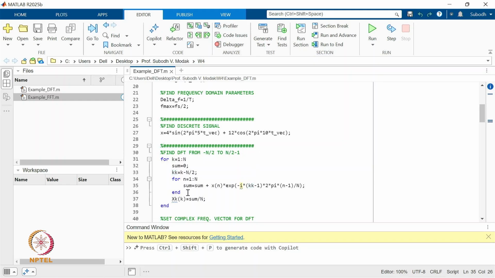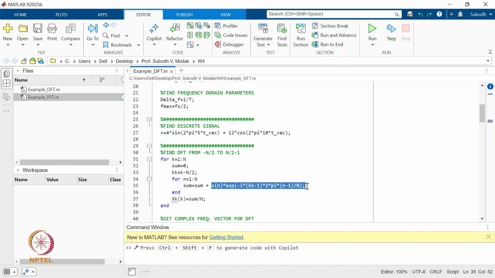Then sum is equal to sum plus something means it will calculate the value of this expression for n equal to 1 and store it, then add it to the existing value of sum, which is 0, and call that new value the new value of the sum, and then it will keep on repeating.